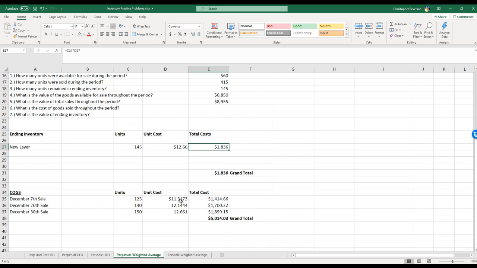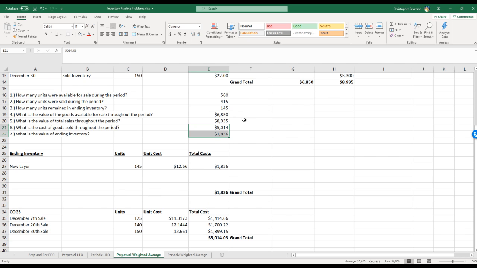And all of these three sales, which we had to do individually, that gives us $5,014.03. So grand total inventory, grand total cost of goods sold. And we can just type them in up here. I'm going to format them so they look proper.